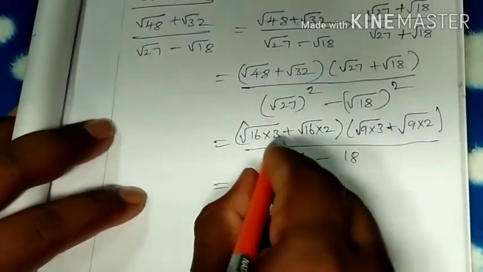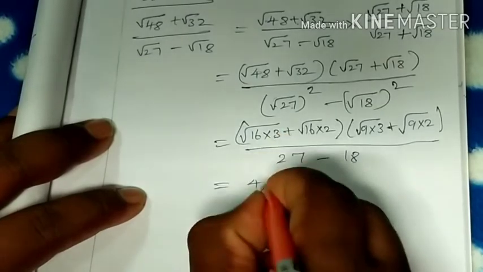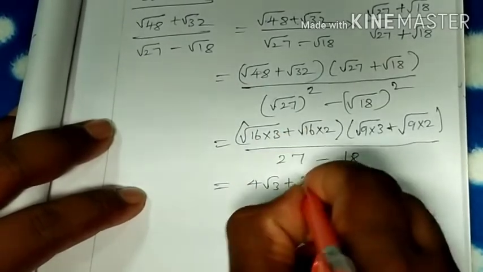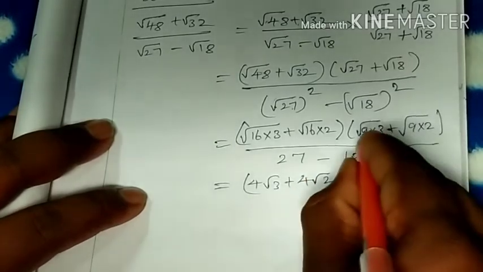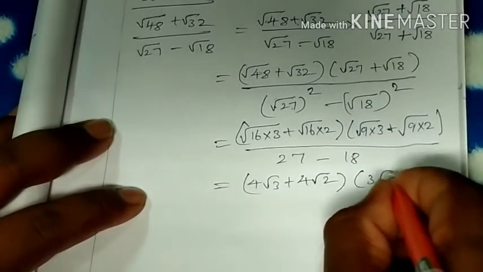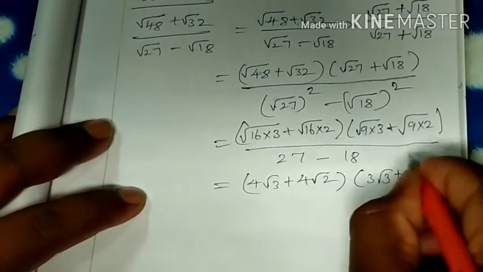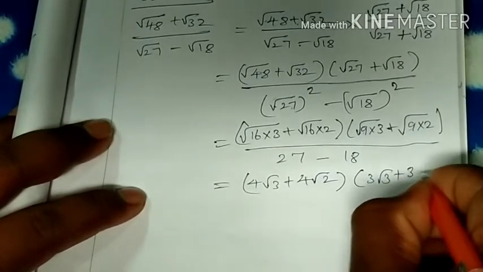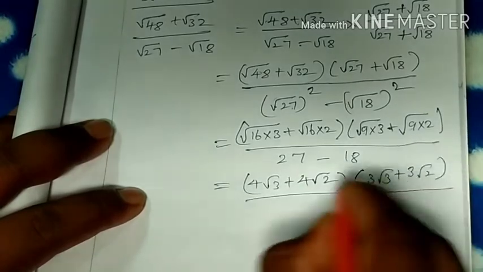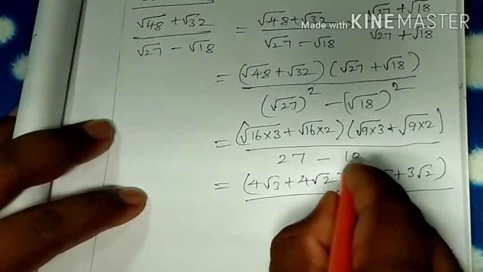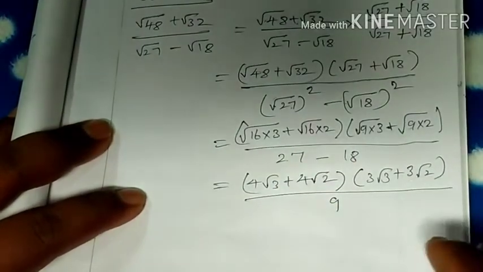Then the square root of 16 is 4, so 4 root 3 plus 4 root 2, into 3 root 3 plus 3 root 2, whole divided by 27 minus 18, which is 9.